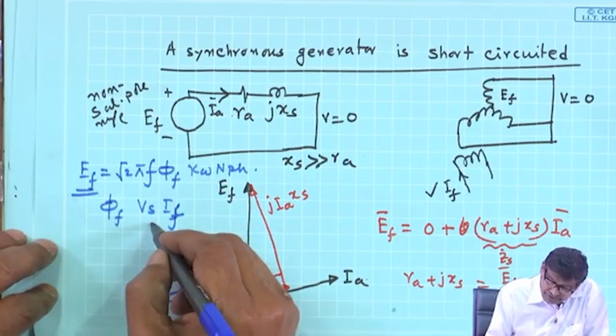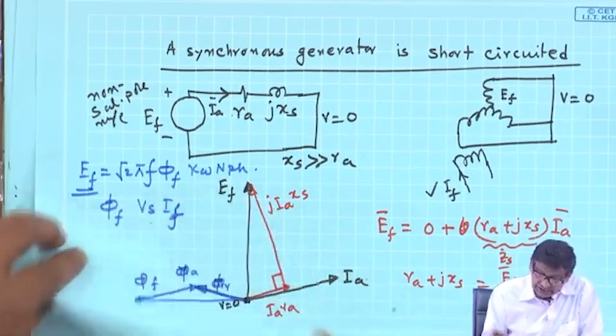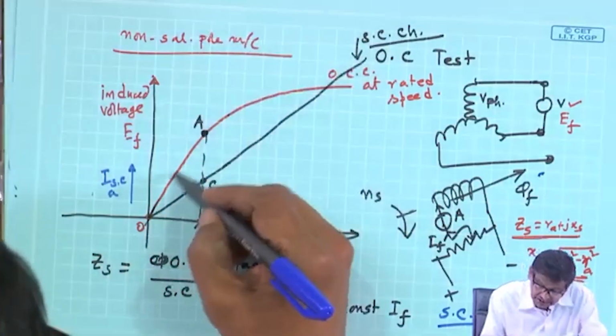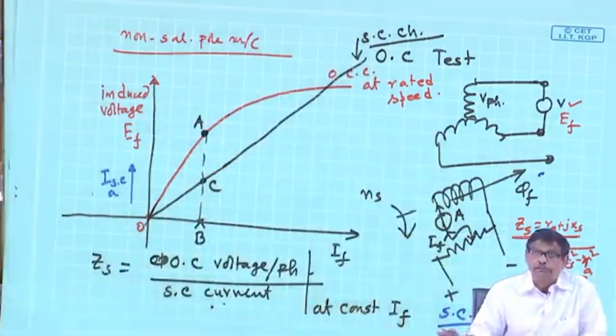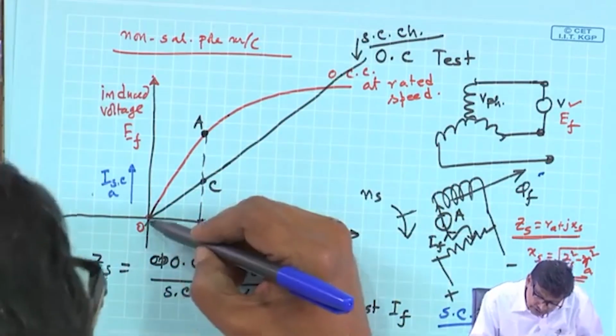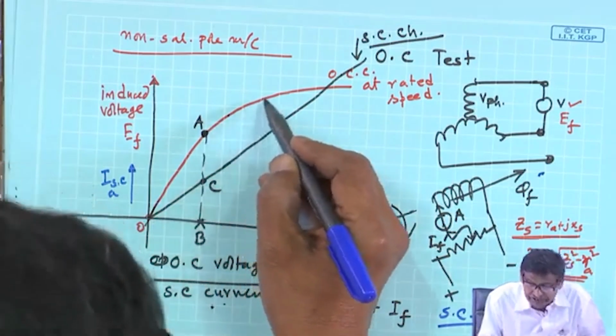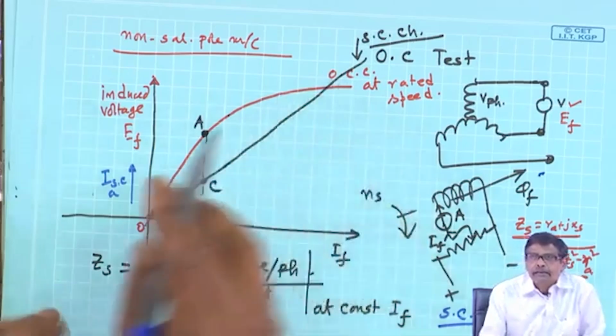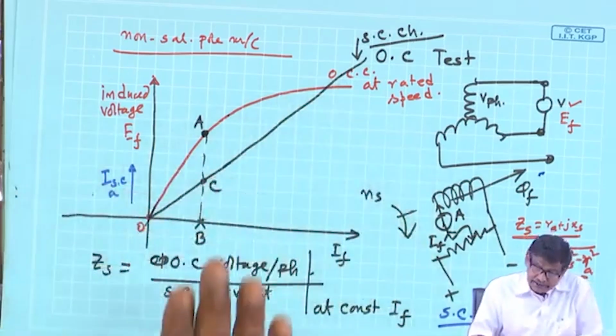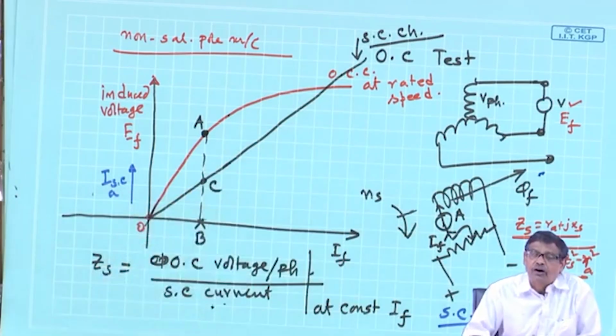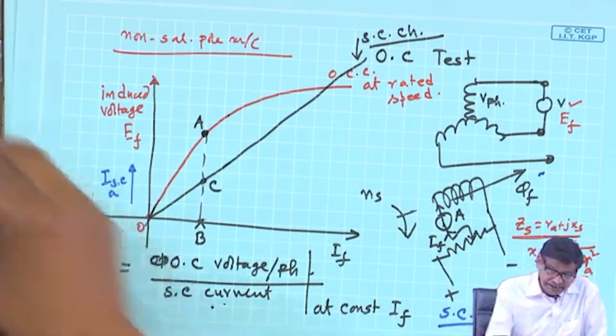So, as you increase IF, phi f increases initially linearly, terminals are open, no armature current, and therefore it is linearly increasing, but later saturation will set in. Therefore, it looks like the value of ZS or XS is not constant.